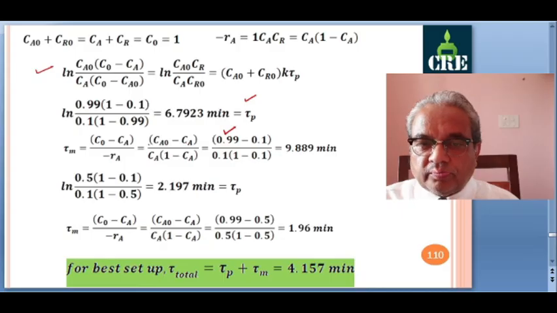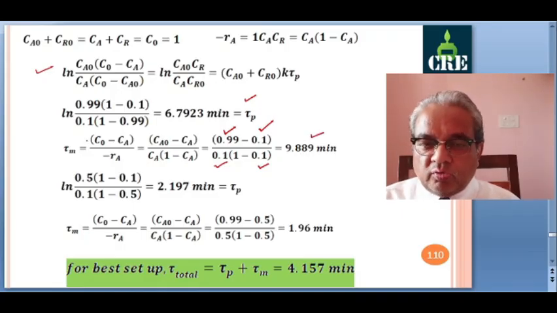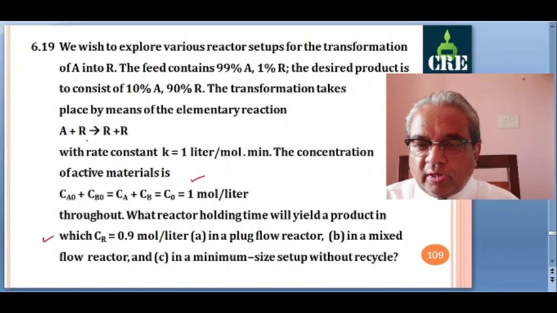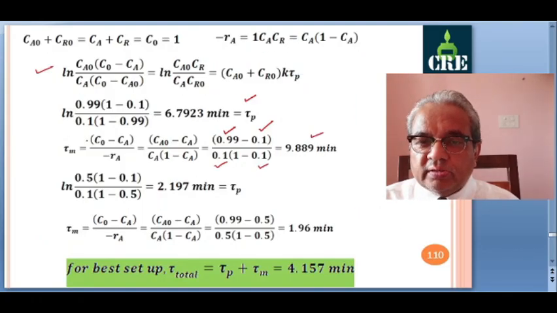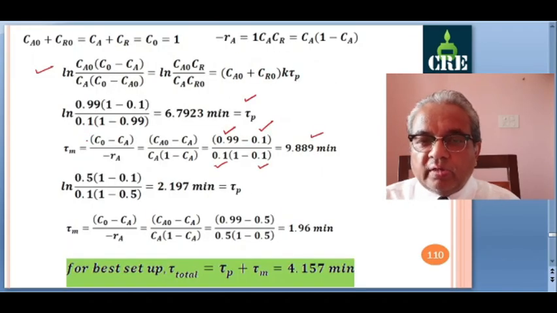So this comes out to be 9.889 minutes. So if you carry out the reaction in a plug flow reactor, tau p will be 6.7923. So holding times you have to calculate. In mixed flow, it will be 9.889.